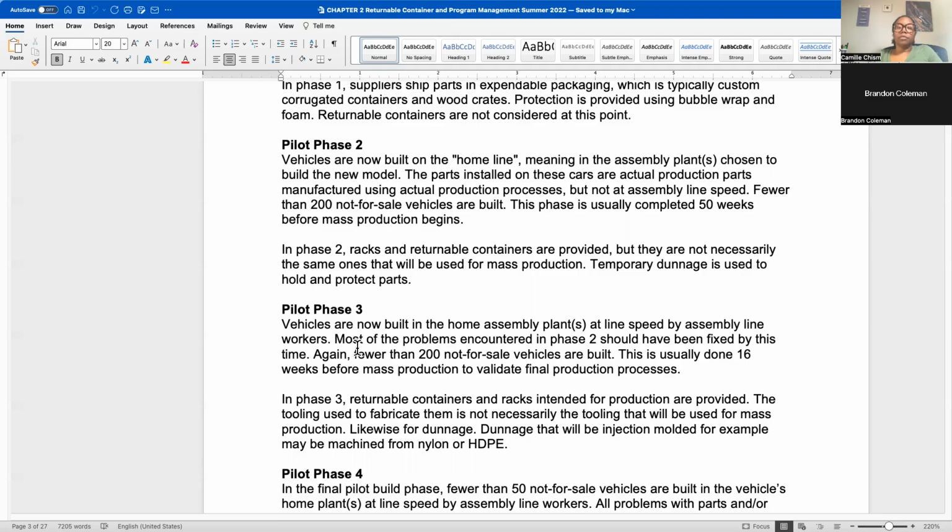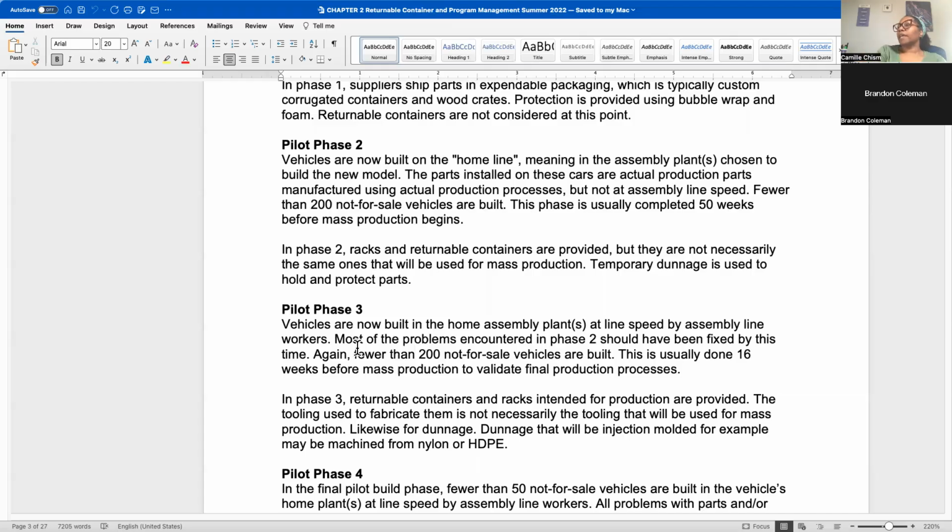This is another reason why it's important to get to know your automotive product engineer, your part engineer, because sometimes they're only so focused on the product that they don't realize the packaging timeline is the same. It takes as long. They think that they are going to get their product in at the last minute, and then the packaging will be available. So you want to definitely keep in touch with your product engineers.